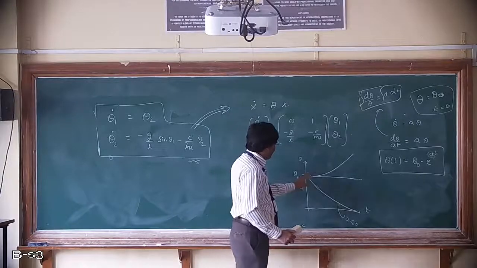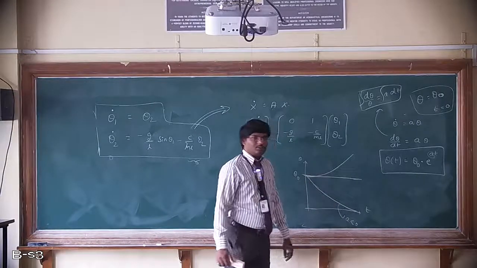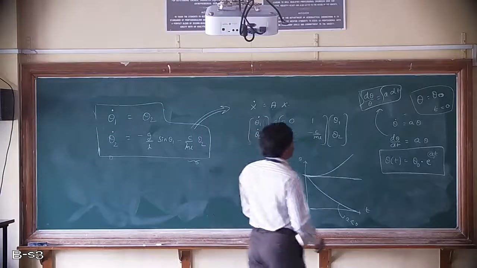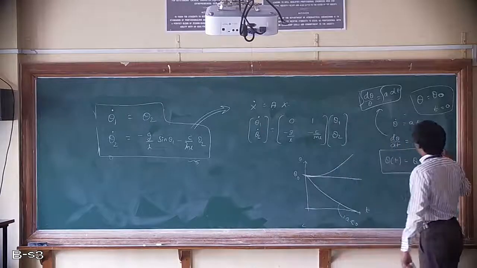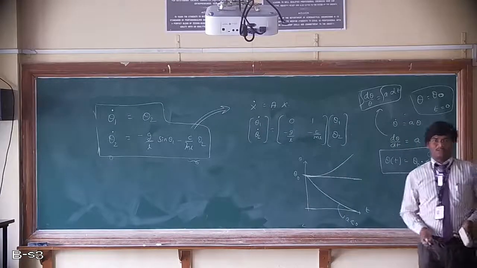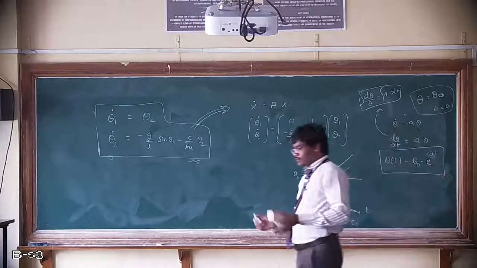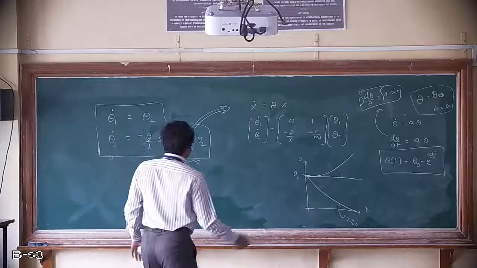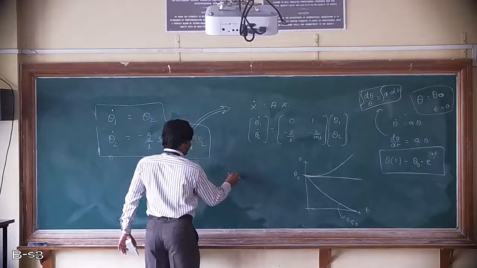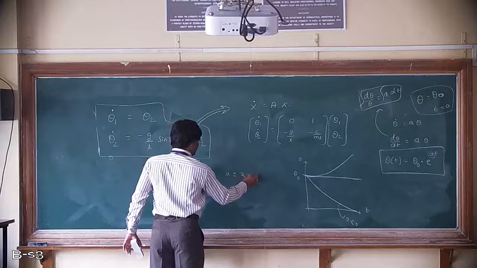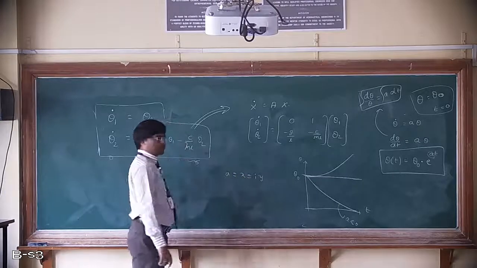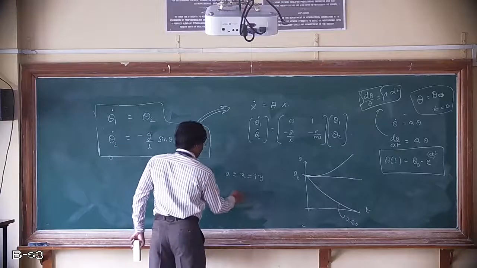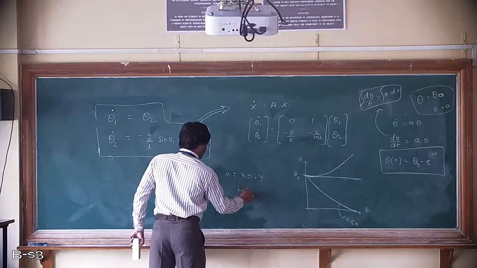When will you see oscillation type of responses? When a is a complex number. For example, a is equal to x plus or minus iy, a complex conjugate pair. Take e power at, that is nothing but e power (x plus iy) into t.